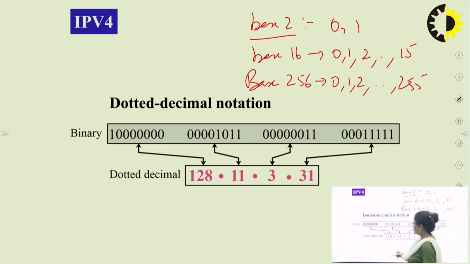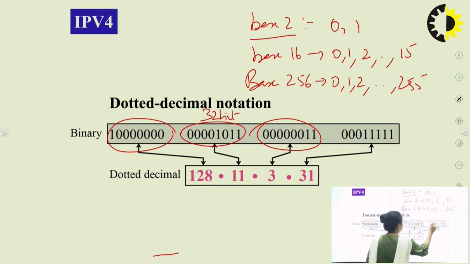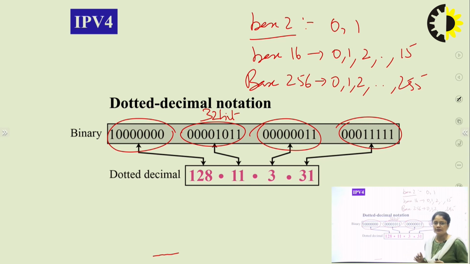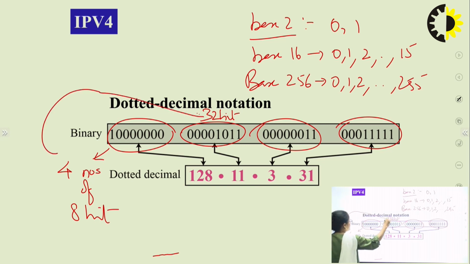Now what do you mean by base 256? Our 32-bit address, we are dividing it into sections of 8 bits each for easier representation. If you look at this example, we have 4 numbers of 8 bits, used to represent the 32-bit address.